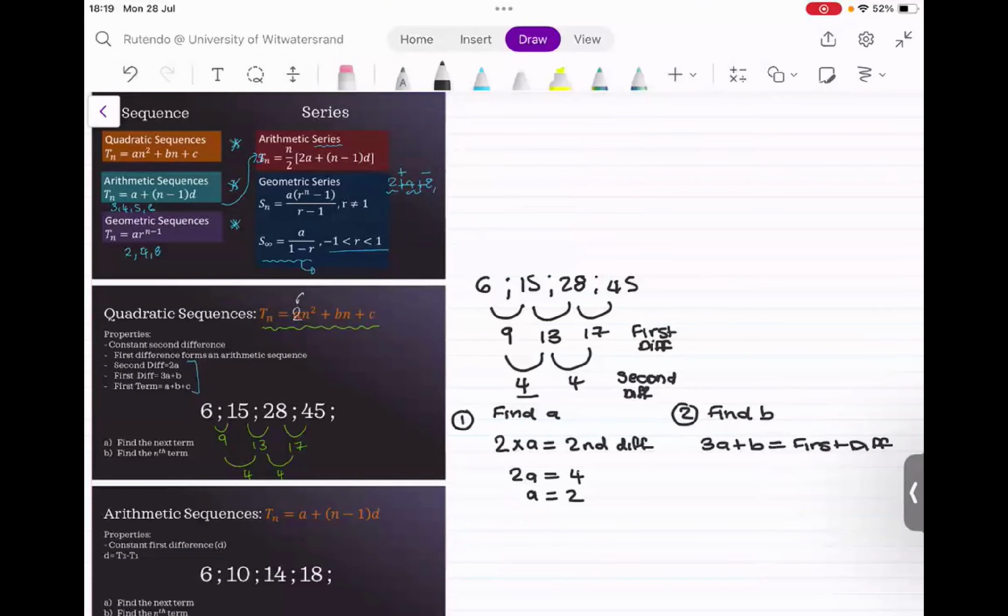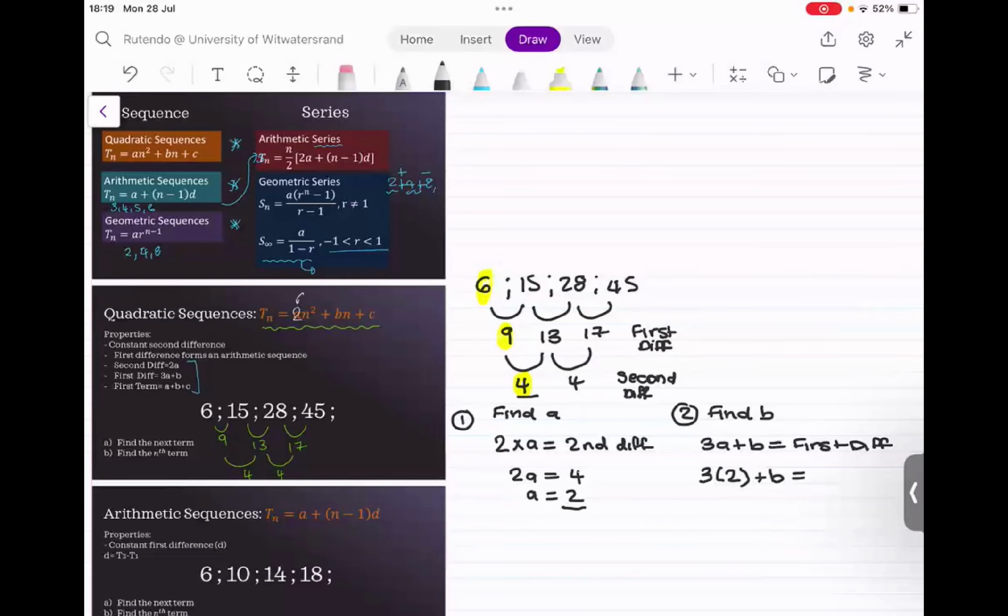Okay, so I have already found my A, I said my A is 2, so I can substitute in 2 there, plus B is equal to my first difference. So the first difference that I'm looking at is actually only in this row. So I'm going to look at these first 3 numbers going down, right?